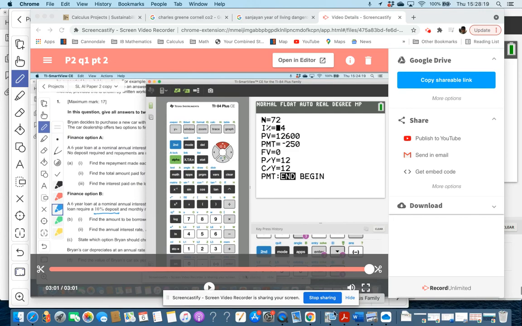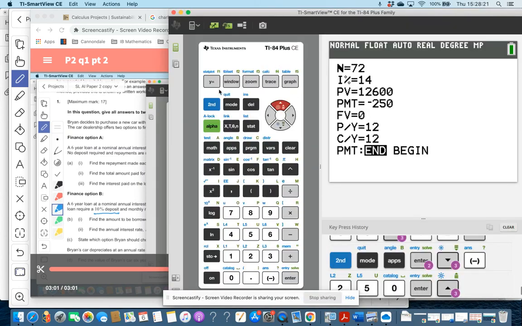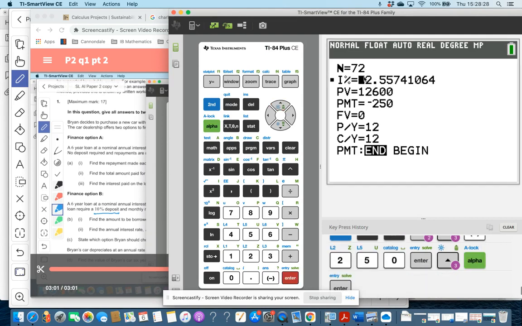All right, solving for interest. We're just going to hit solve there on I. It's not 14%. It is 12.2 decimal places, actually, is what they asked for. Normally, I would say 12.6%. I think that's what I actually wrote on my paper. But I did look at the mark scheme, and again, they got an answer in the mark scheme of 12.56.